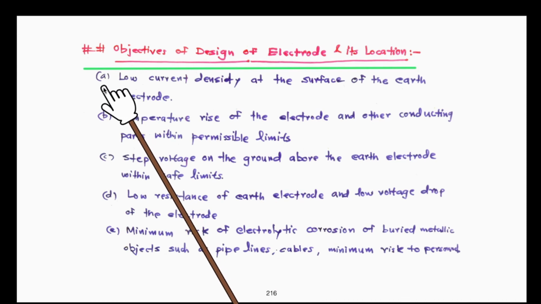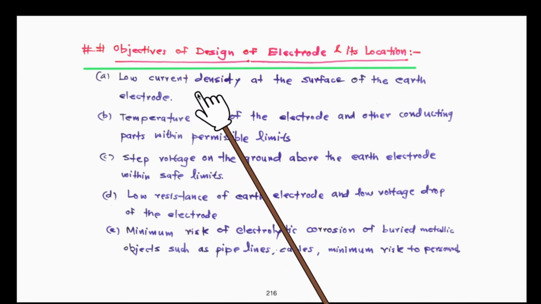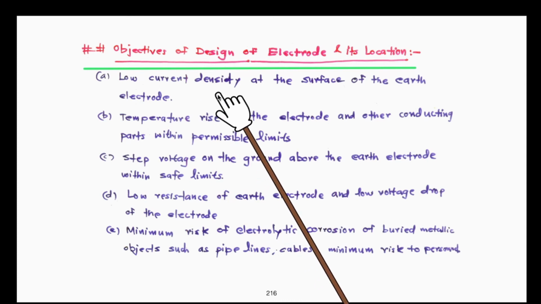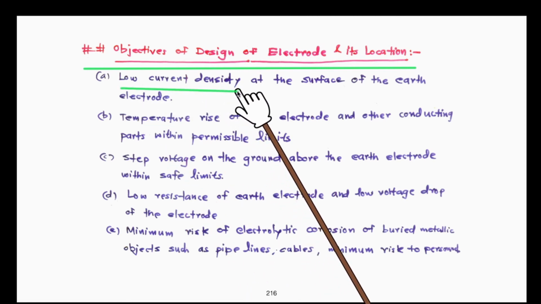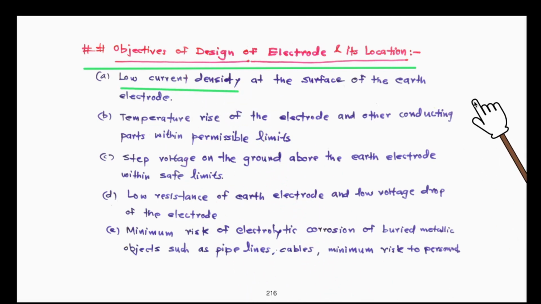So first and foremost, the design objective for the earth electrode is a low current density at the surface of the earth electrode. Current should not flow only from the surface of the earth electrode.